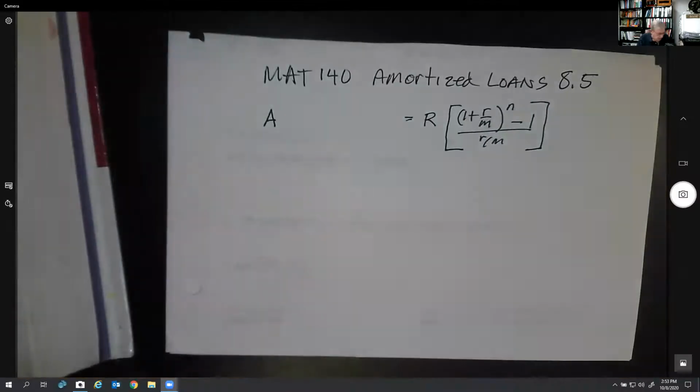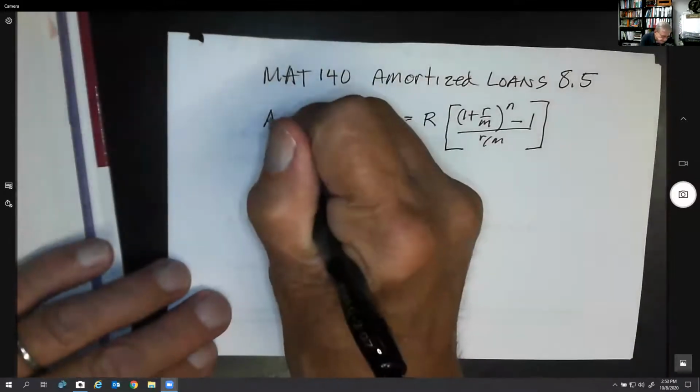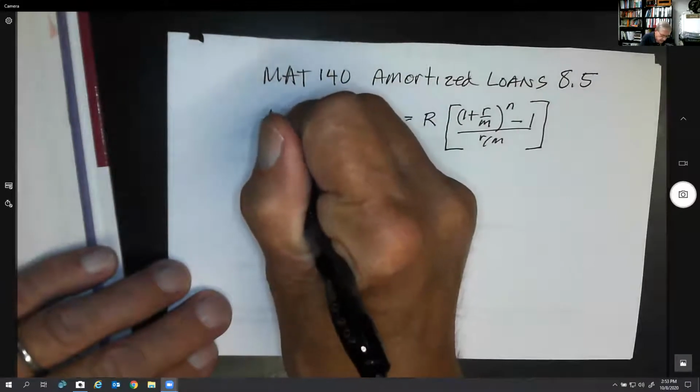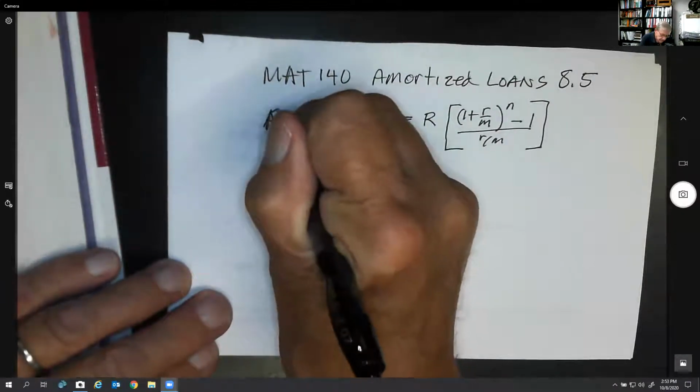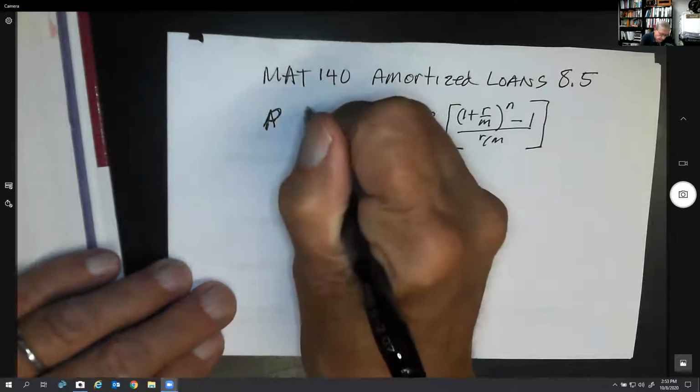Well, what we're going to do is a little modification on this, because that was the amount that the bank was given. But now we're on this side of the equation, we're going to change it a little bit. We're going to call this P, the principal. And we're going to put a little bit more to it.